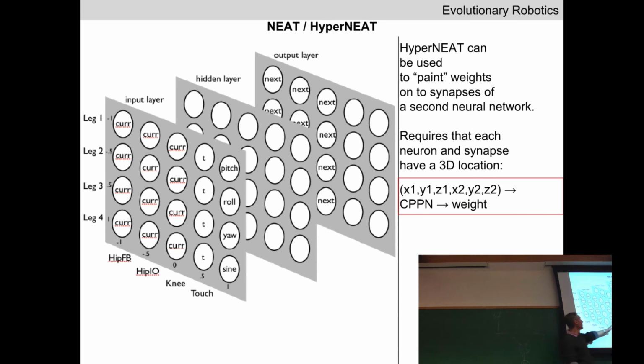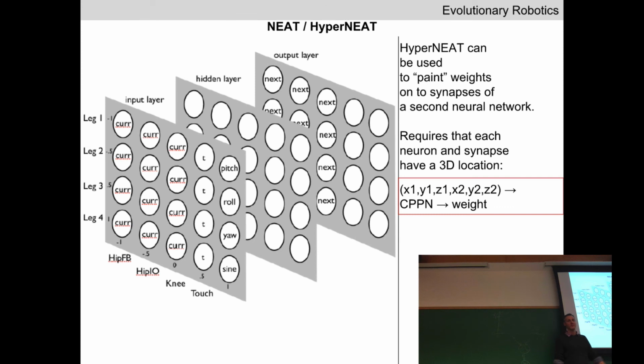And then we have 4 additional sensor neurons here. One records the total amount of pitch, yaw, and roll. And finally, an input neuron that outputs a regular sinusoidal pattern that just continues regardless of what the rest of the network is doing.